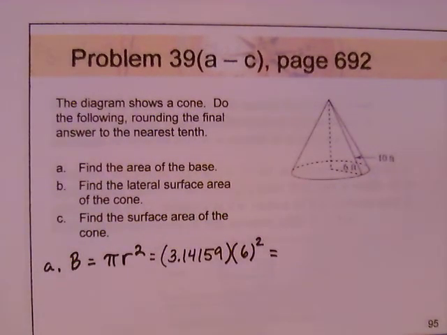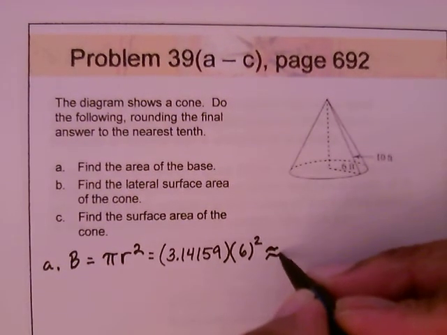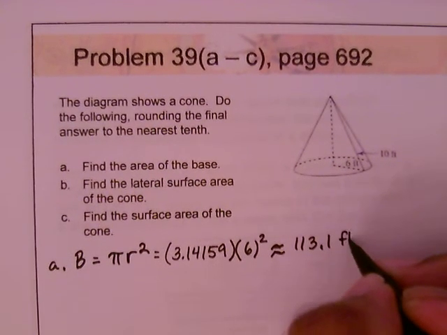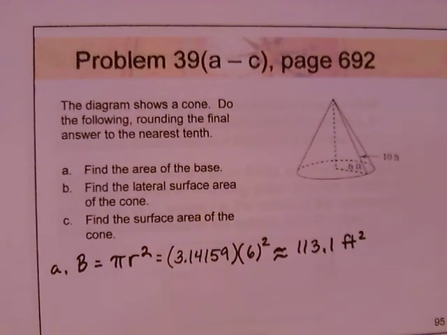So if I square the 6, that's 36, and 36 times the 3.14159 will give me approximately 113.1 square feet. So that's part A.